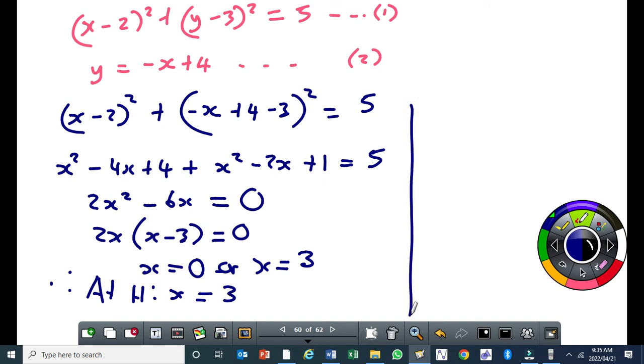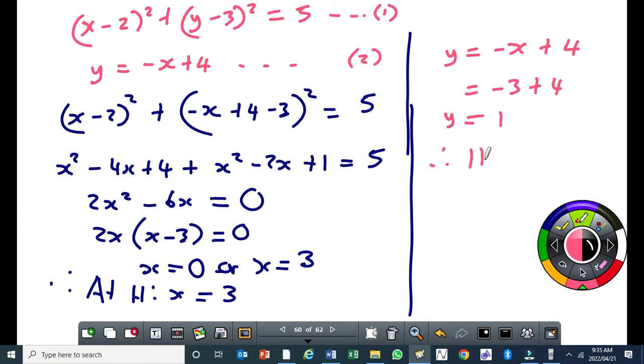The y value is going to be y equal to minus x plus 4. That will be minus 3 plus 4, and you get 1. So the coordinates of H will be x is equal to 3 and y is 1. So I found the coordinates of H.